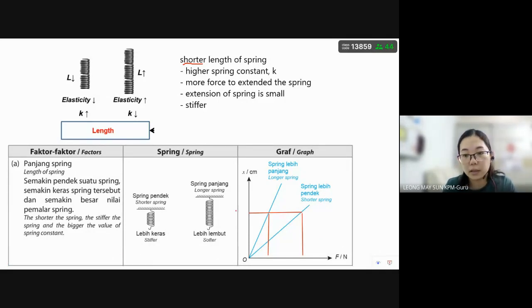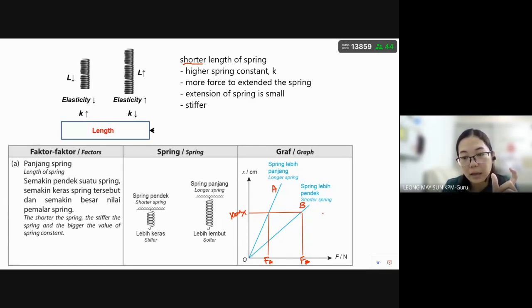So over here, at the same extension, let's just say this is spring A and this is spring B. Spring A, same extension, needs a force of FA, and spring B needs a force of FB. So when the spring extends the same amount, let's just say 10 centimeter, spring A needs less force compared to spring B. So what does it mean?